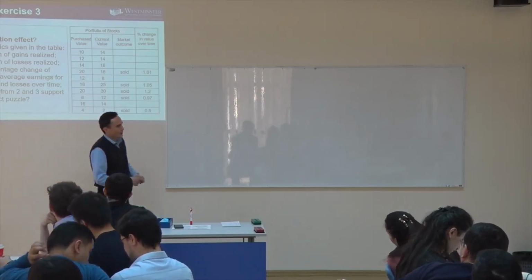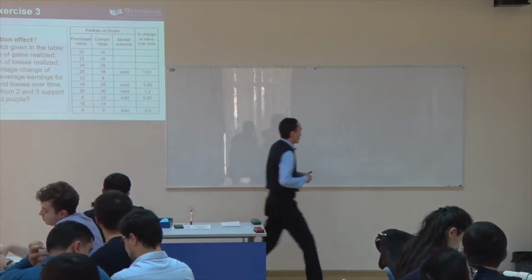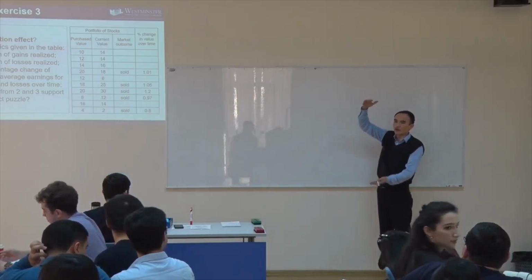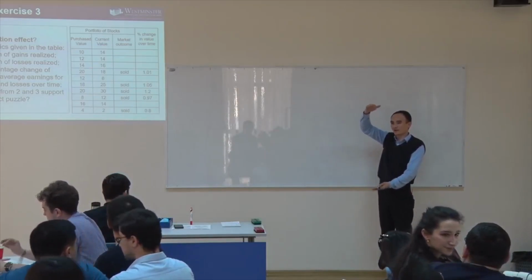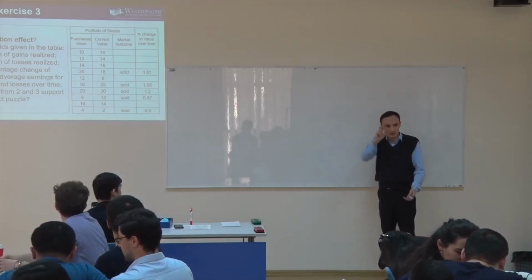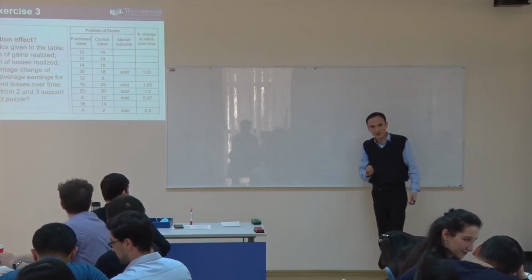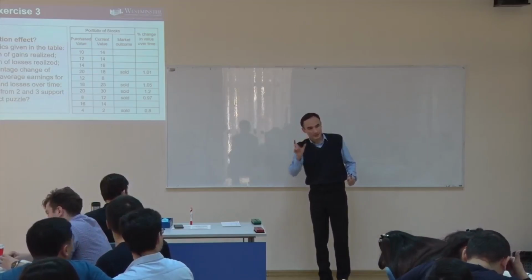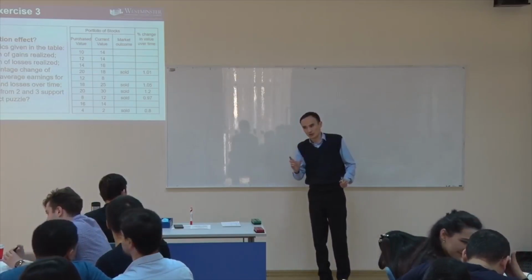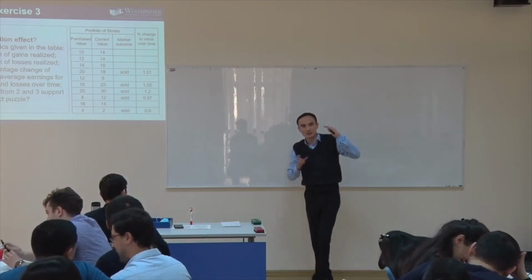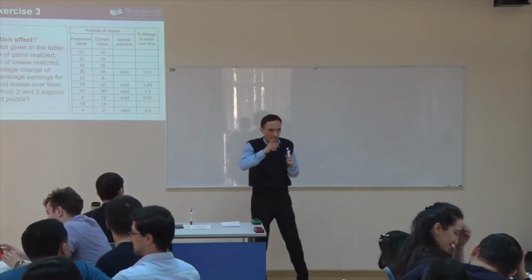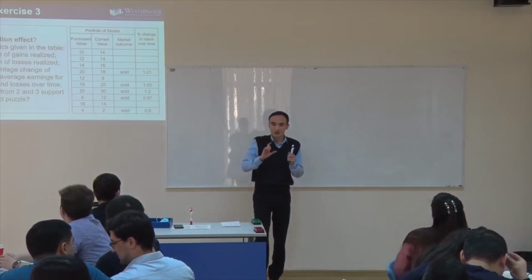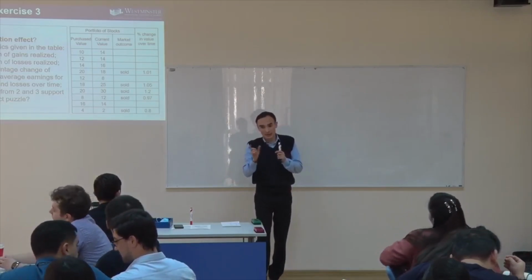According to the disposition effect, for example, you have a portfolio of investment projects, and some of them were gaining, some of them were losing. The data shows that people are more willing to sell stocks which are on the gain side. They are also selling the ones on the loss side, but less.